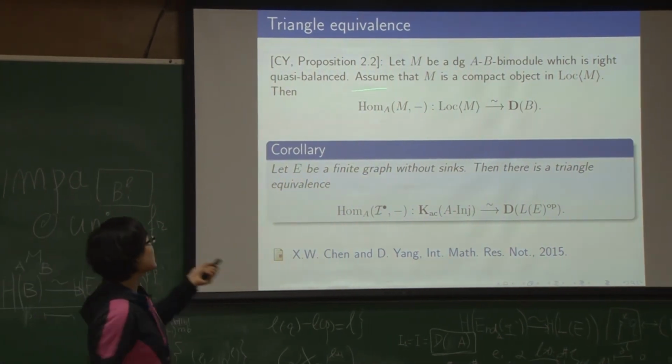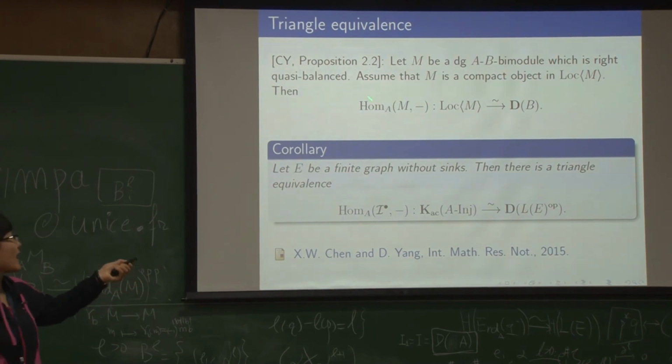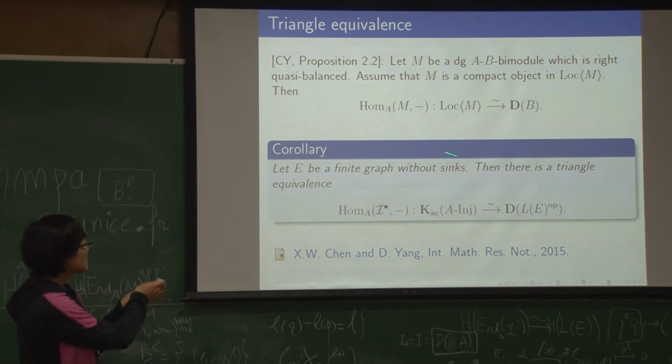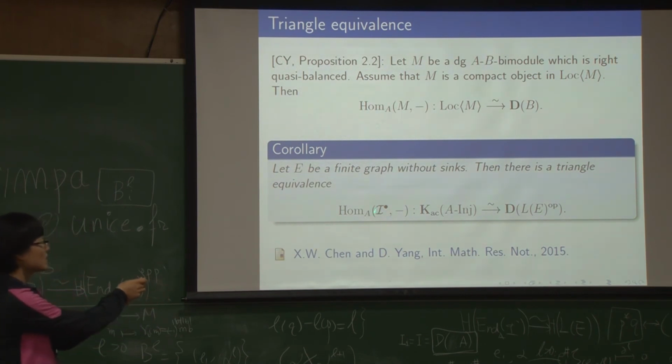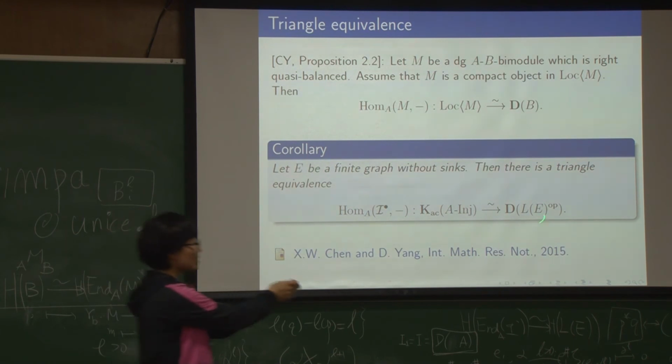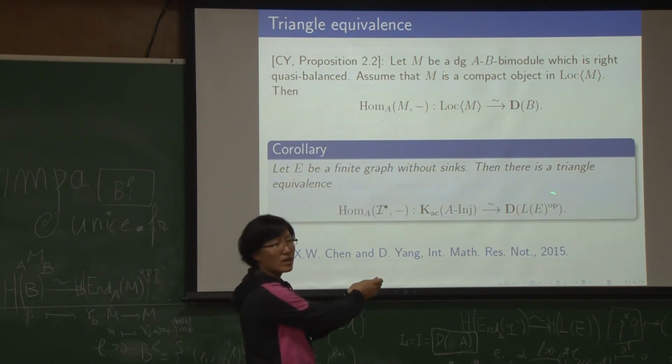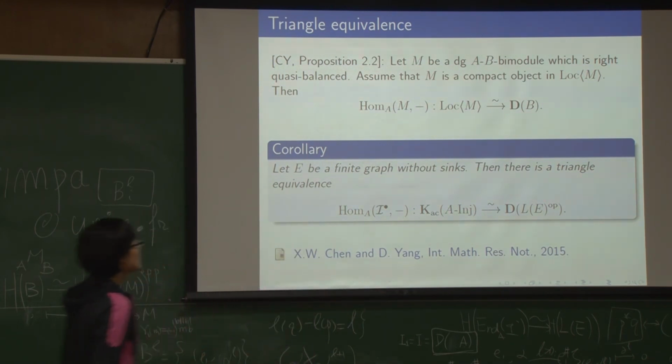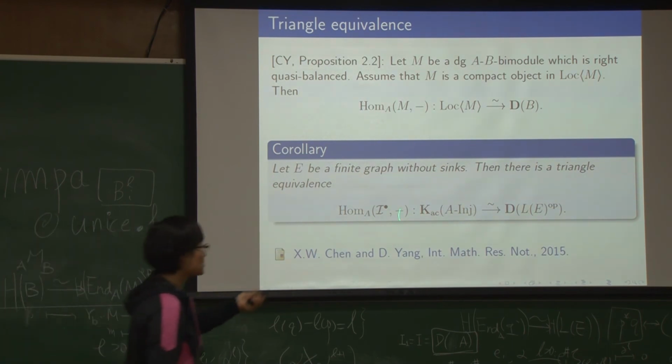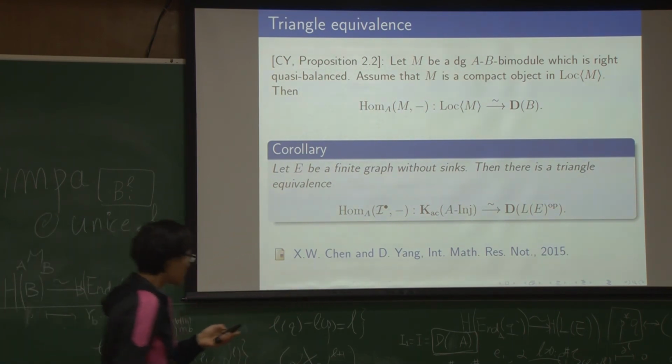For this quasi-balanced module, we can have a triangle equivalence from here to here. So for our case, suppose this I is DG balanced, then we can have this isomorphism, and so we can get this triangle equivalence.